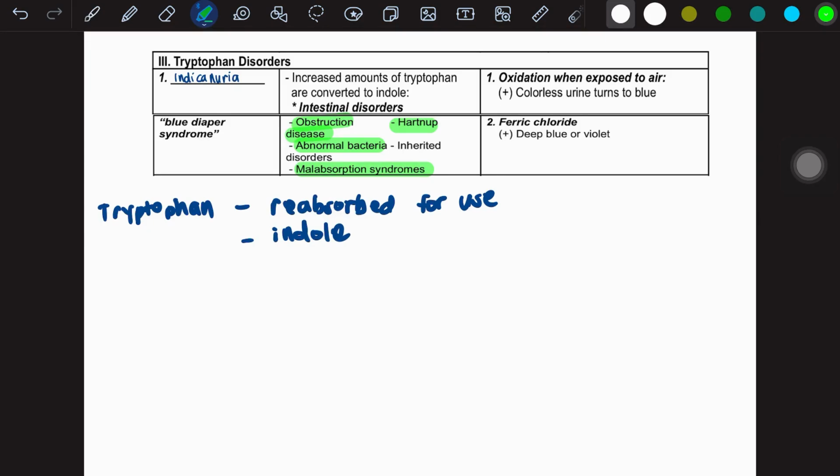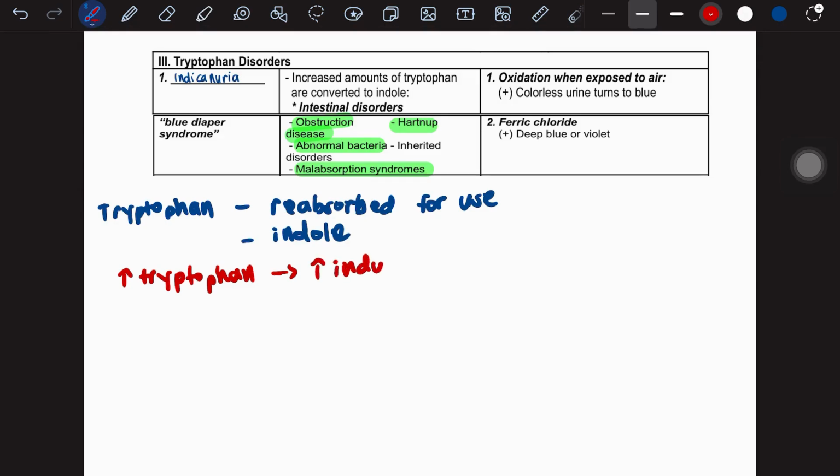There is an increased amount of tryptophan that is converted to indole. So if you have these diseases, like Hartnup disease, obstruction, malabsorption syndrome, the amount of tryptophan that can be converted to indole increases. So a lot of indole is also produced.